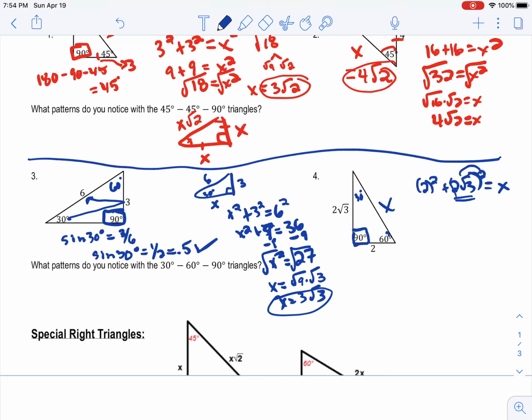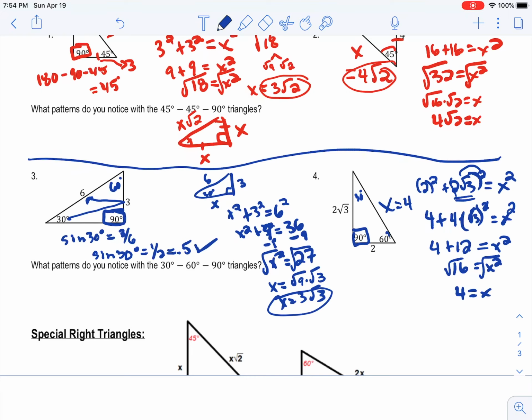Okay, we really didn't need it on the 2, but just to make it more cohesive, I put it on both. So now 2 squared is 4. Square root of 3 squared. Square and square root cancel each other out. So I have 4 plus 12 equals x squared. So I have 16 equals x squared. If I take the square root, I get 4. So this side is 4.